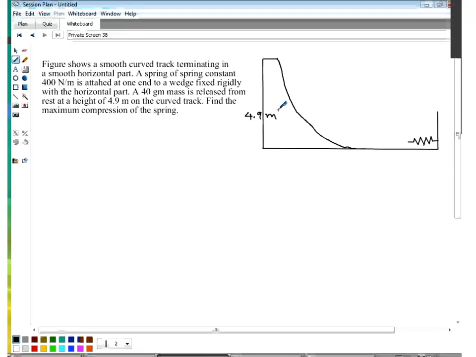If distance given is 4.9, then most likely g should be taken as 9.8. The wedge is fixed rigidly. The wedge is not going to move. So no energy will be involved with the wedge. Mass is released from rest.